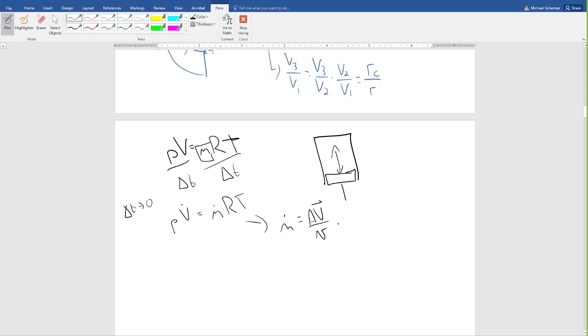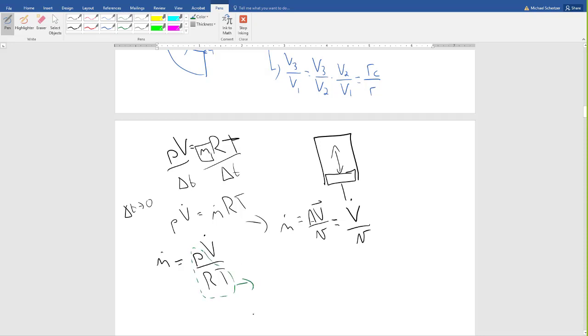Let's see if these two equations agree. This is going to be exciting for maybe only me. P V dot over RT, right? And this is telling us that this is going to be V dot over the specific volume. So what does P over RT mean?